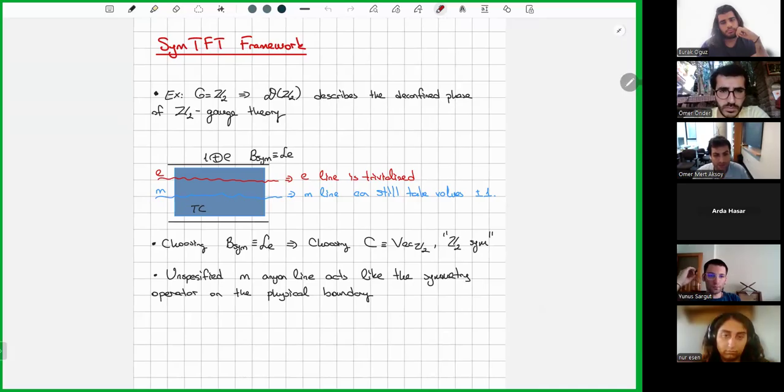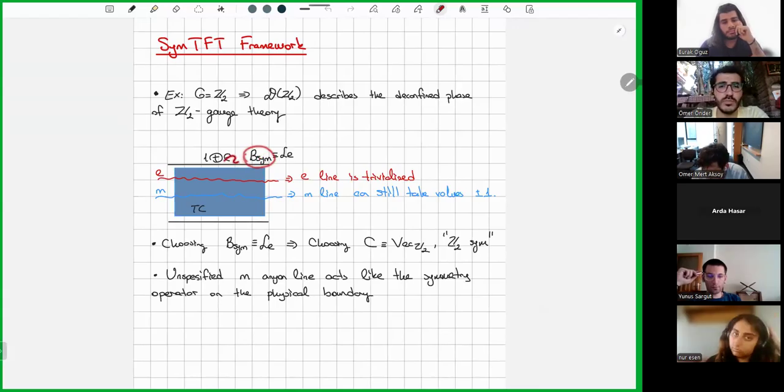Okay, now let's make a choice. Let's try to fix the top boundary. So I choose my symmetry boundary to be E condensed, and then let's study the consequences of that. Now in toric code, there are these logical operators that are closed loop excitations that commute with the Hamiltonian.